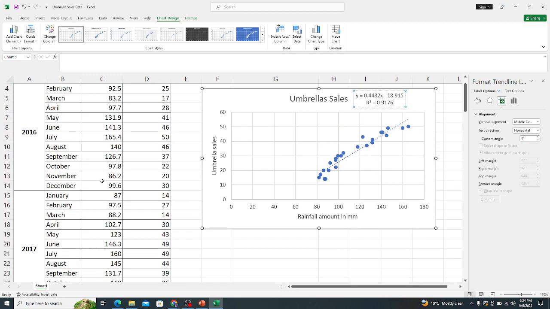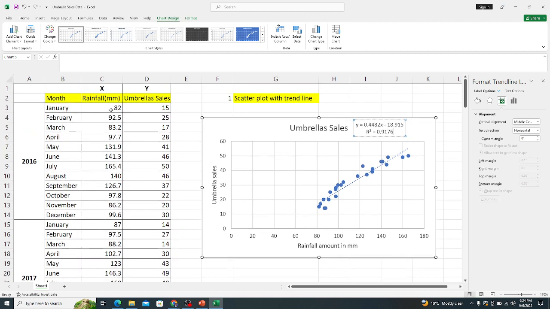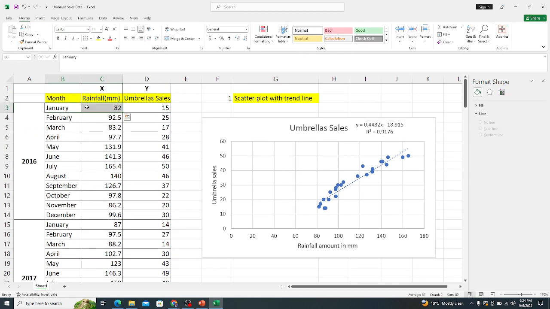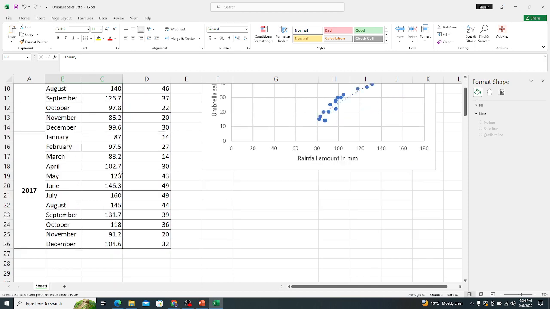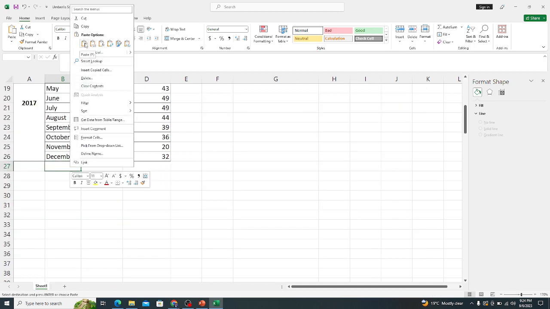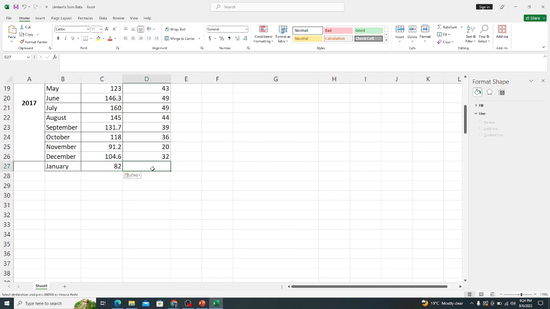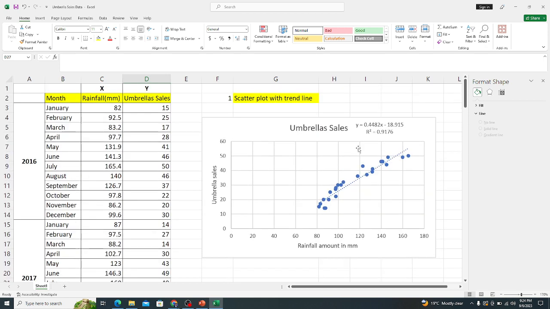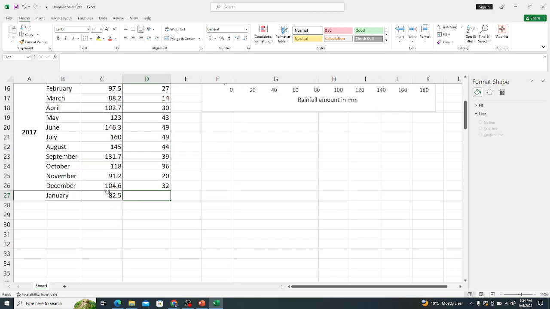So let's assume maybe a value. This is January, and then I'll come and paste it, okay. So I want now to use my model to predict the umbrella sales.